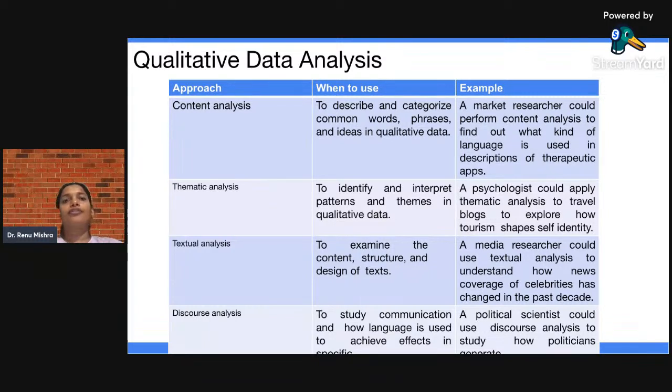For example, everybody is coming late to the office; this is a theme which is repeated by many, and you'll explain it. Textual analysis is basically explaining the text, diagrams, designs. Discourse analysis is not very often used. Here you are talking about the main use of your language. What is very commonly used is content analysis and thematic analysis. These tools are very often used.